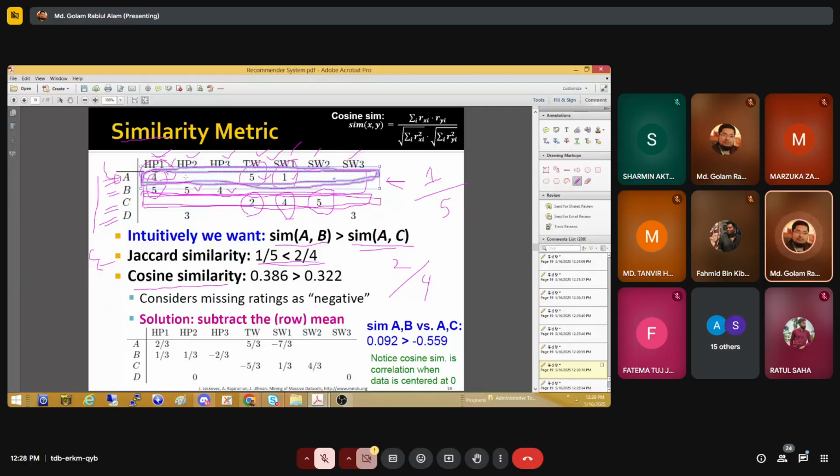If we apply the cosine similarity, we will get the reverse result here. In that case, the similarity between A and B will be higher than the similarity between A and C. Applying the cosine similarity, we will get B as the nearest neighbor of A.